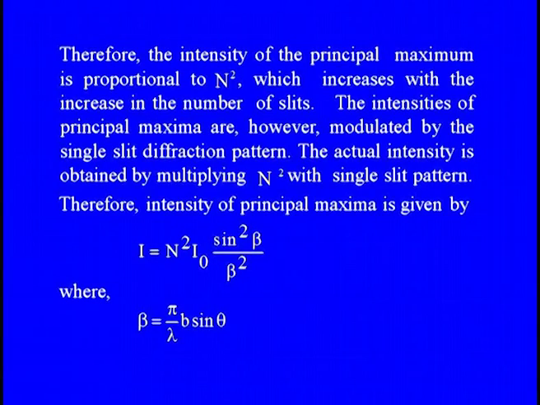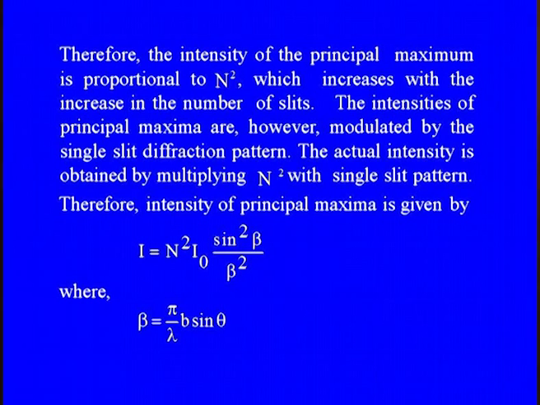Therefore, the intensity of the principal maximum is proportional to capital N square, which increases with the increase in the number of slits. The intensities of principal maxima are, however, modulated by the single slit diffraction pattern.